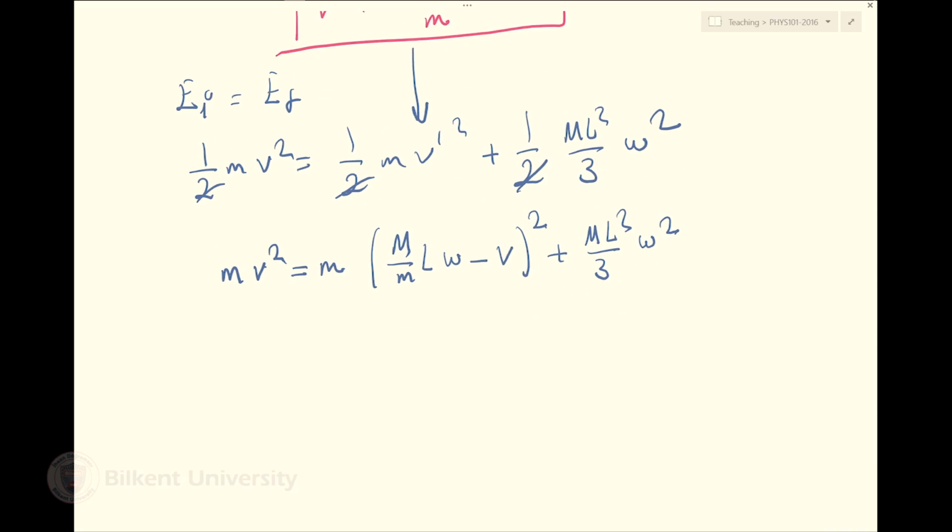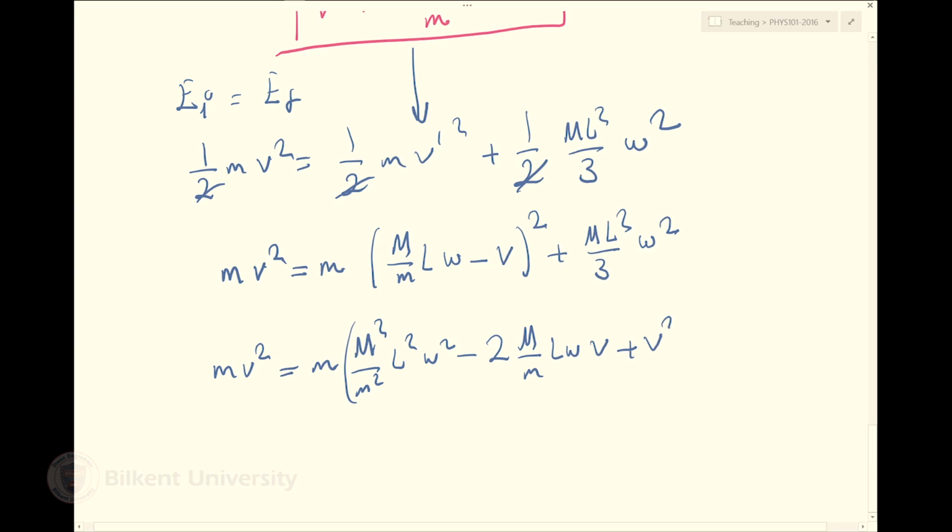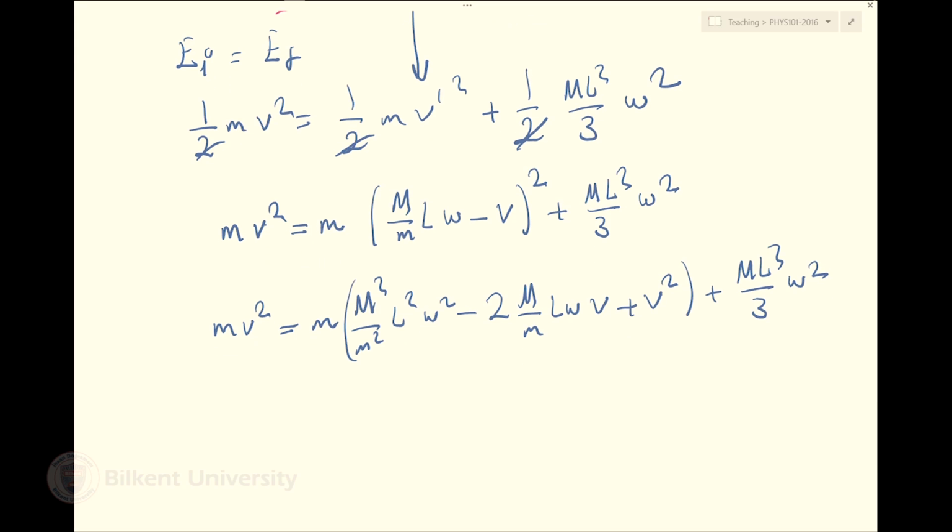Let me do it slowly. I have m v squared equals m times capital M squared over small m squared L squared omega squared minus 2 capital M small m L omega v plus v squared, plus M L squared over 3 omega squared. Now, here's the nice thing.